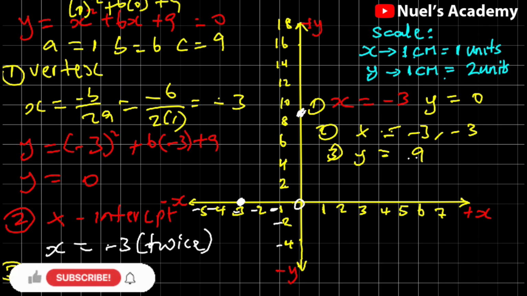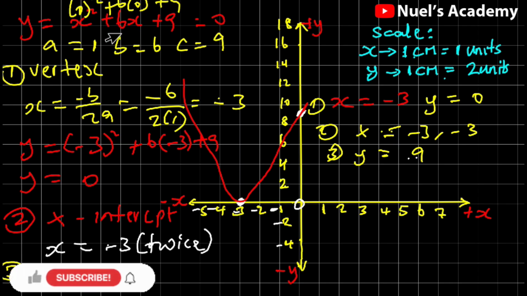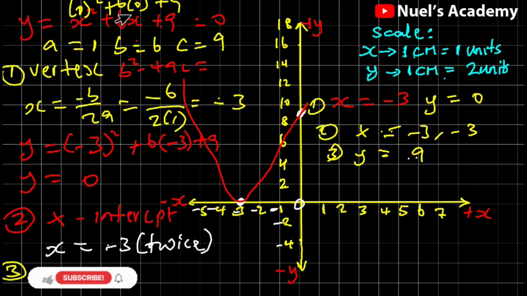So let's connect this dot and this dot. So the graph is going to look this way, and then it will move up. All right, so this is how this one is going to be. Now this is true because if you calculate the discriminant of this equation, you see that the discriminant is equal to 0, because here b squared minus 4ac is the discriminant, then b squared is 36.